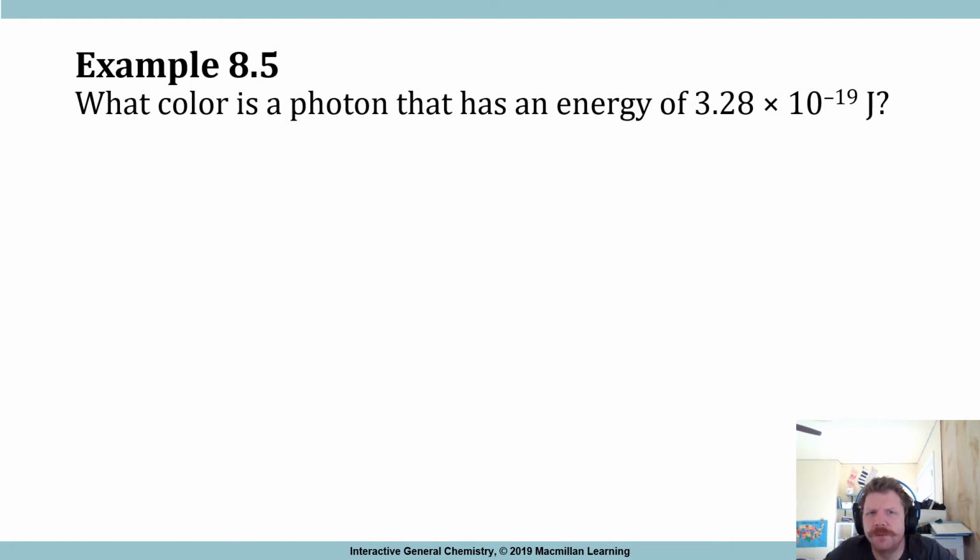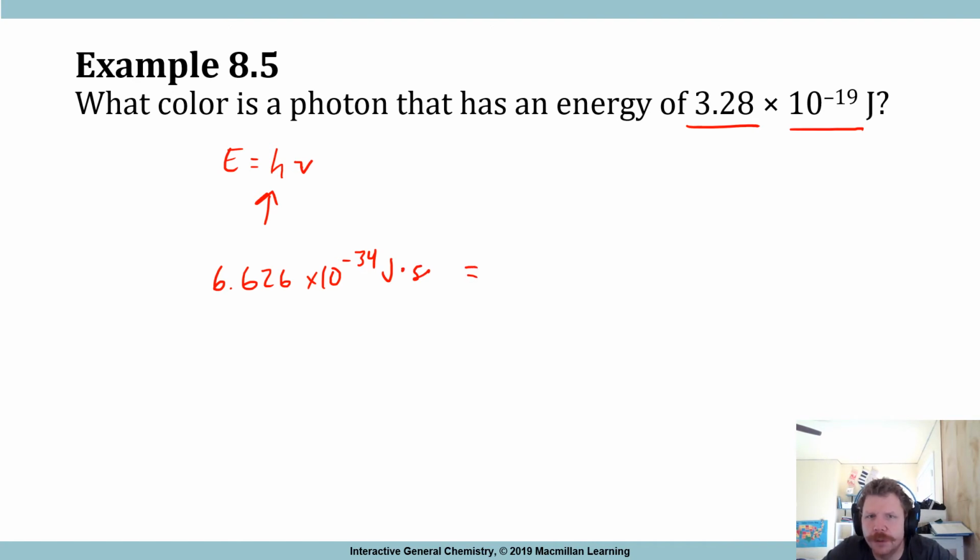So what color is a photon that has an energy of 3.28 times 10 to the negative 19th joules? Our equation is E equals h nu. This h is 6.626 times 10 to the negative 34th joule seconds.